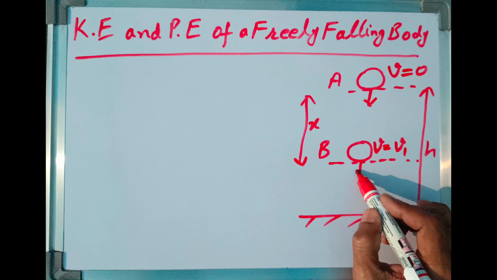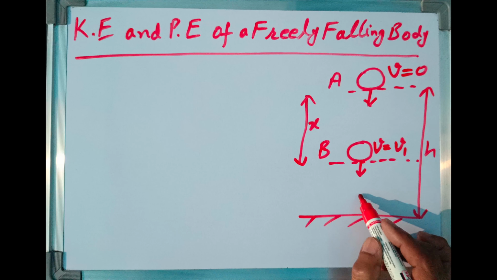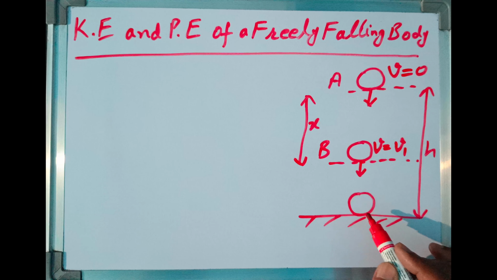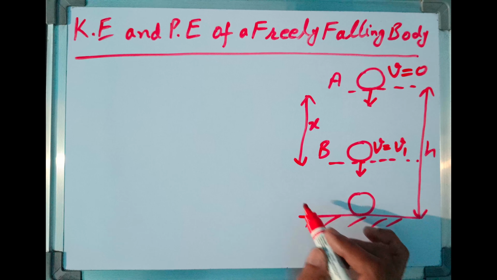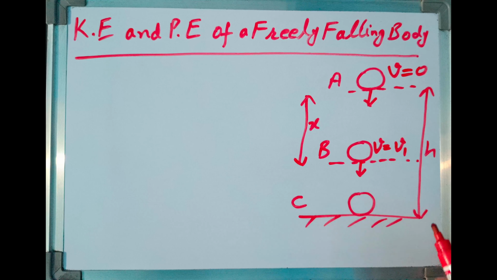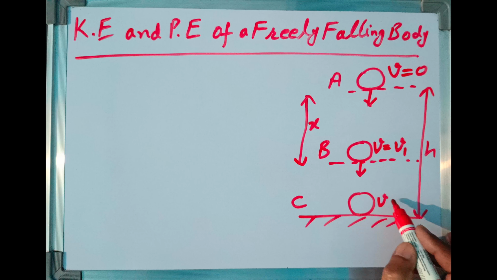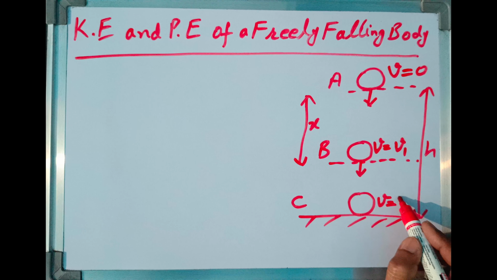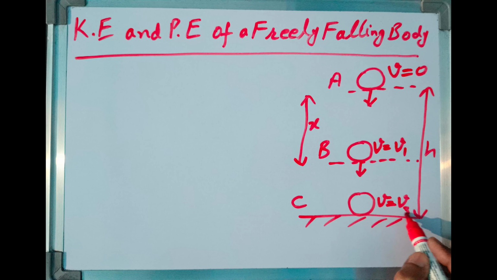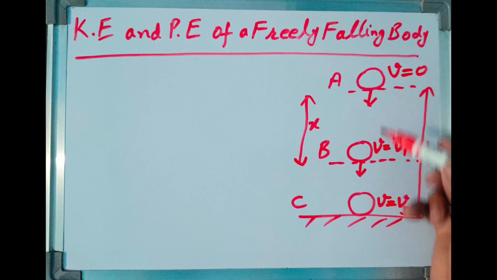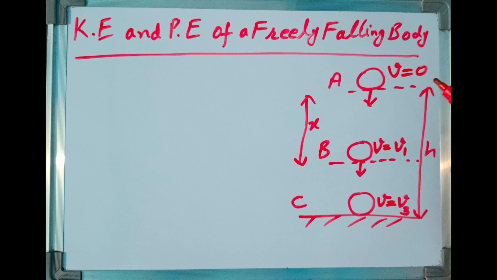Similarly, as it falls down and reaches last point, that is on the ground level, let me call this point as C. At this point, speed of the body will be maximum. Let me call this maximum velocity as v3. So this type of motion of body starting from zero speed up to ground level is called free fall of body.